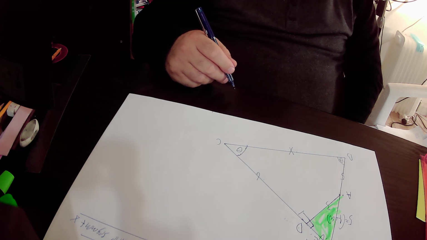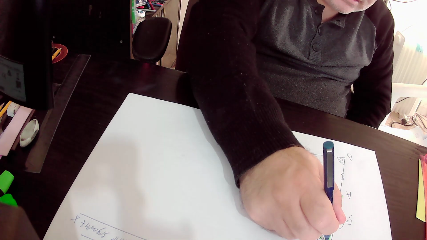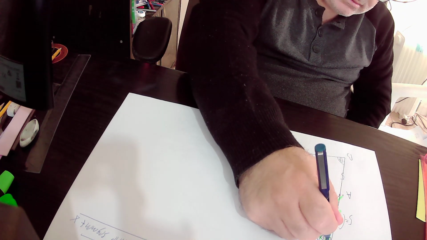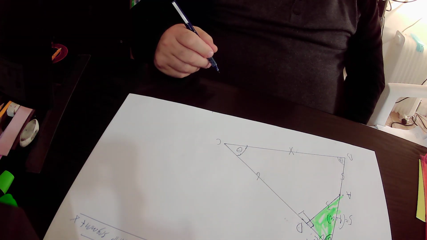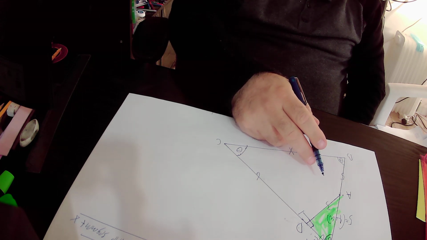In the next step, we will define angle AED. This angle is alpha. So we will focus on the green right triangle AED.